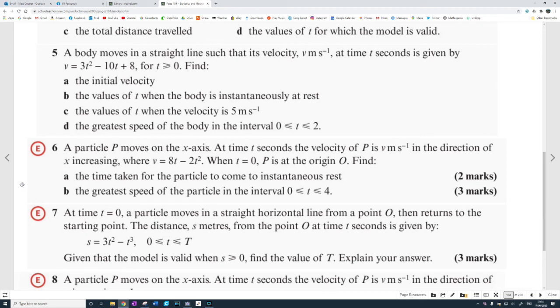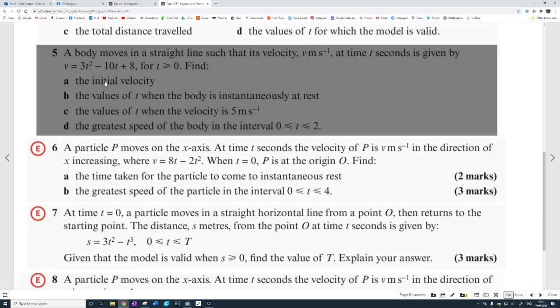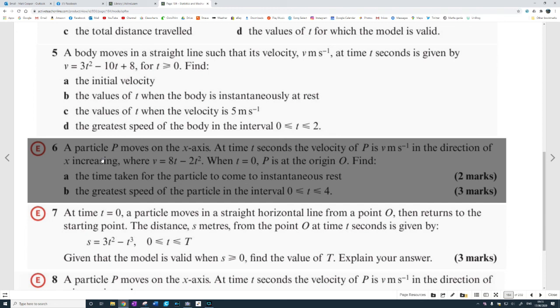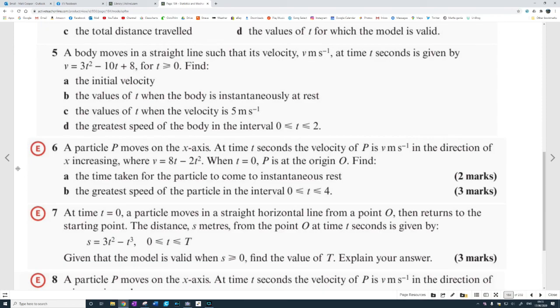The upside down parabola. So on page 184, have a go at question 5 and question 6. And then tomorrow we'll get into a little bit of differentiation and integration applied to this problem.